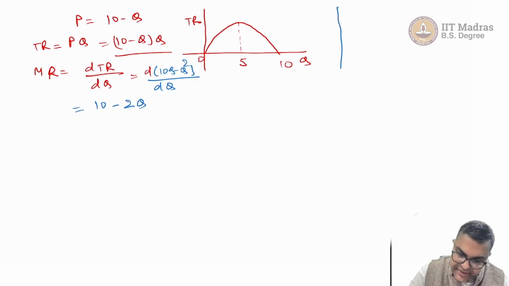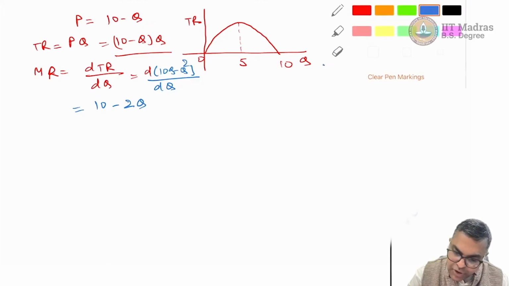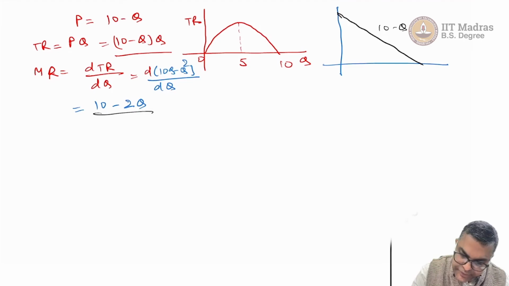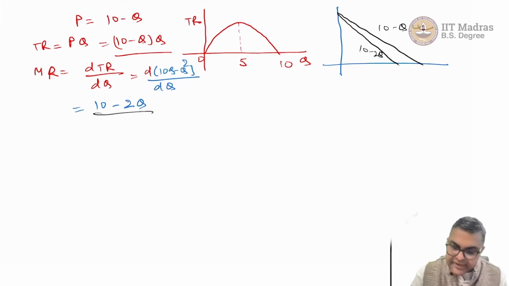So let us draw the demand curve. Demand curve is 10 minus Q, marginal revenue curve is going to be 10 minus 2Q. By the way, this is not only the demand curve, this is also the average revenue curve.